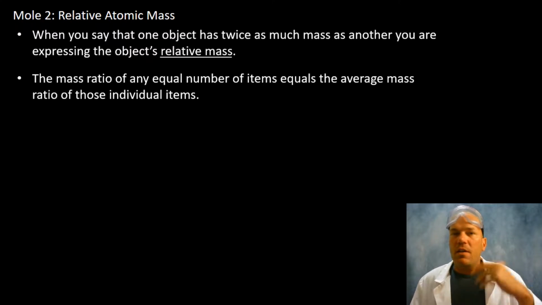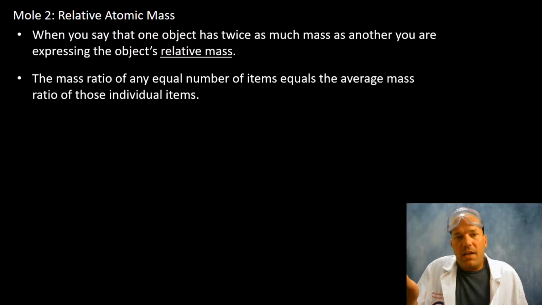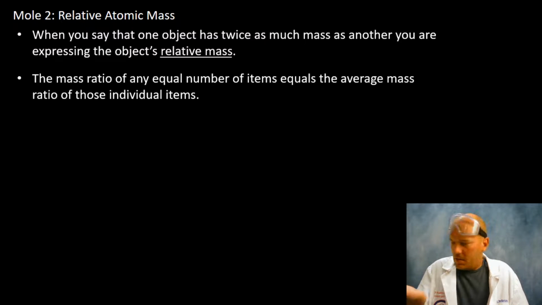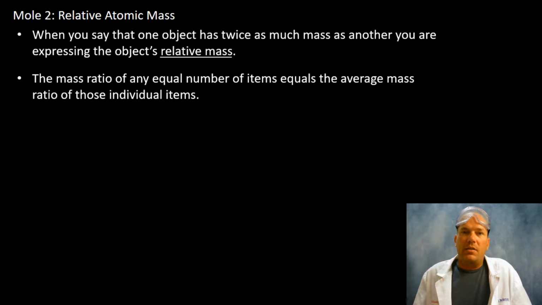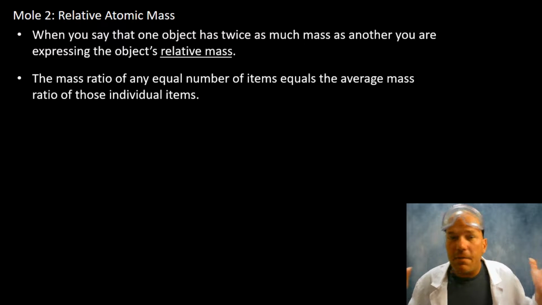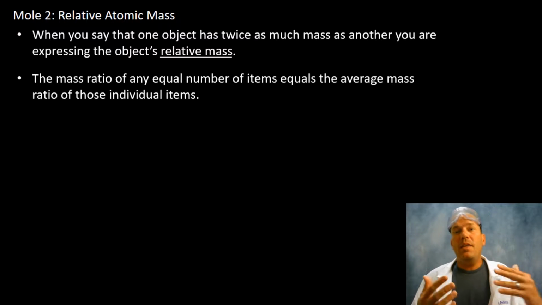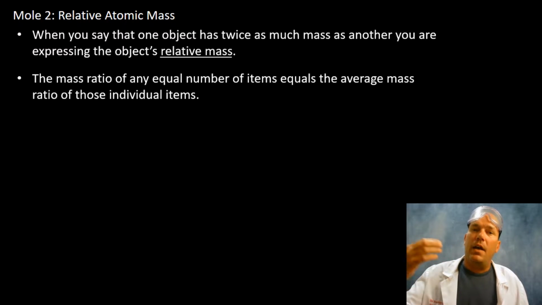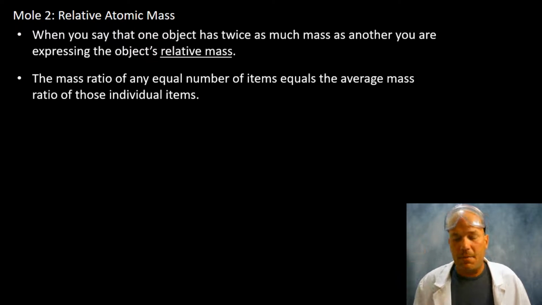If I have 50 pennies here and 50 nickels here, and the mass ratio of those 50 items, where the numbers of items are equal, is 1.5, where the nickel is 1.5 times heavier, then we can infer that an individual nickel is 1.5 times heavier on average than an individual penny.